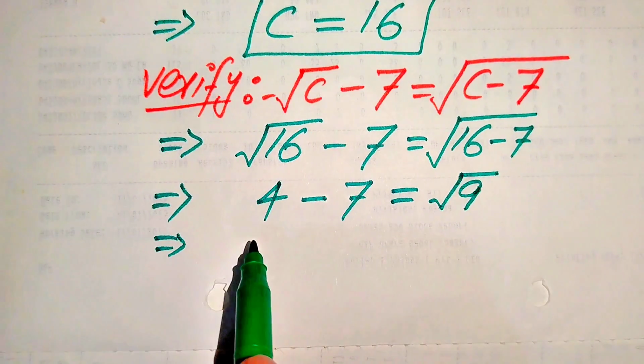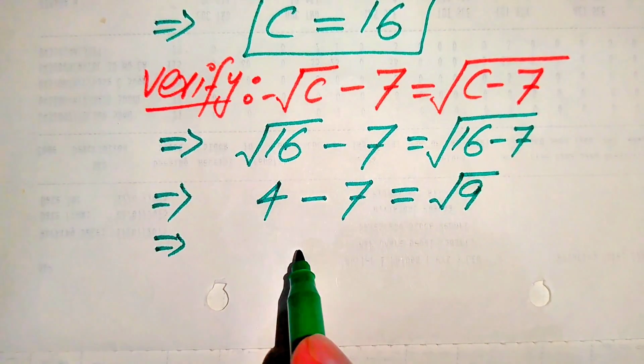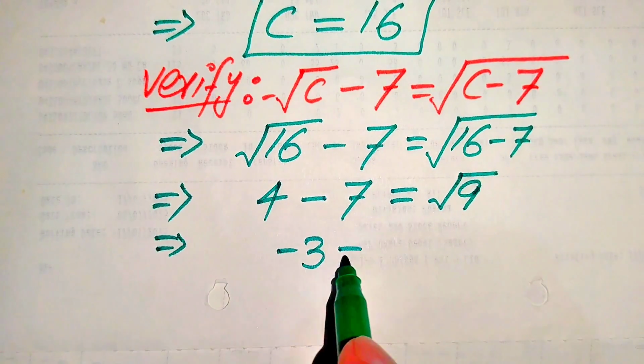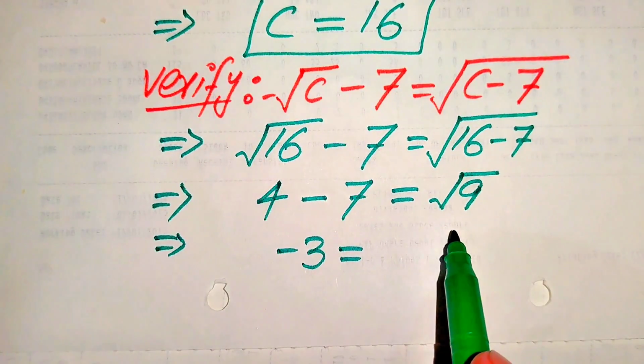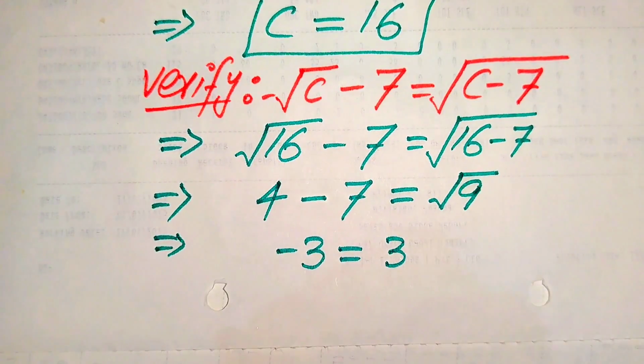When we subtract the terms in the left hand side we get here 4 minus 7 is equal to minus 3, and in the right hand side we have square root of 9, and we know that square root of 9 is equal to 3.